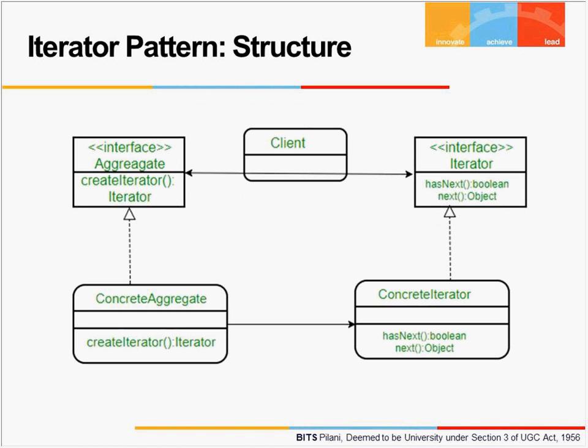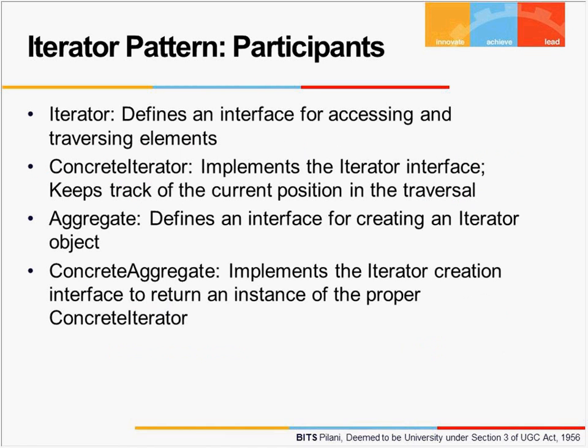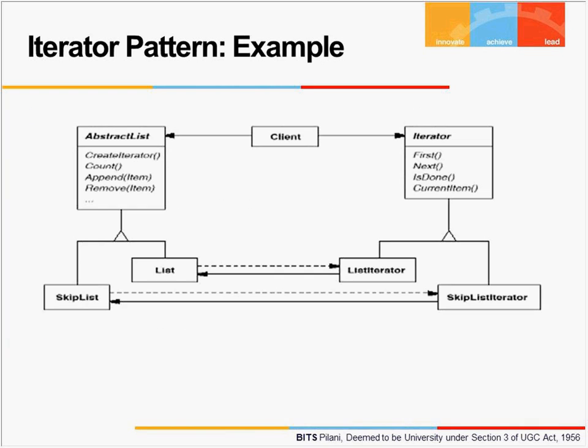And finally, there is a concrete aggregate, which implements the aggregate interface and returns an instance of the concrete iterator. These are the four major participants in the iterator pattern. Let's have a look at an example, and then we'll see the implementation of this example using the iterator pattern.